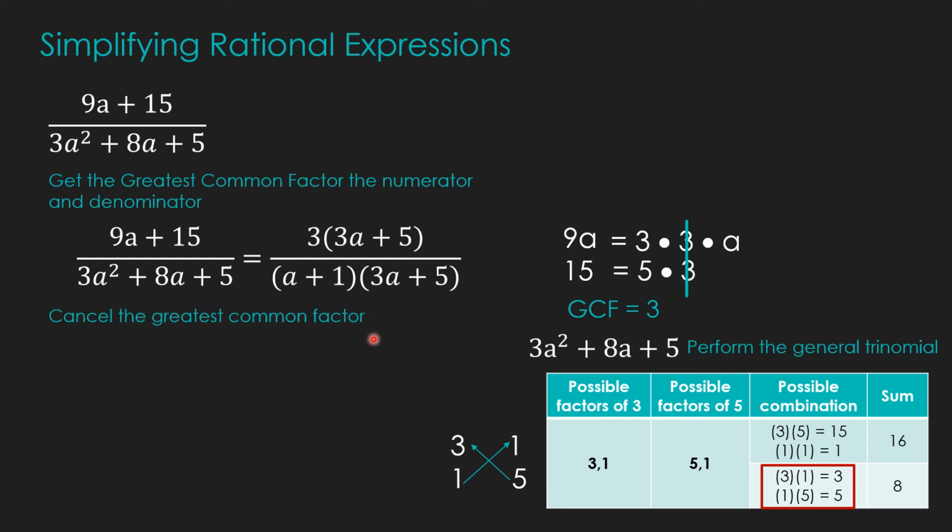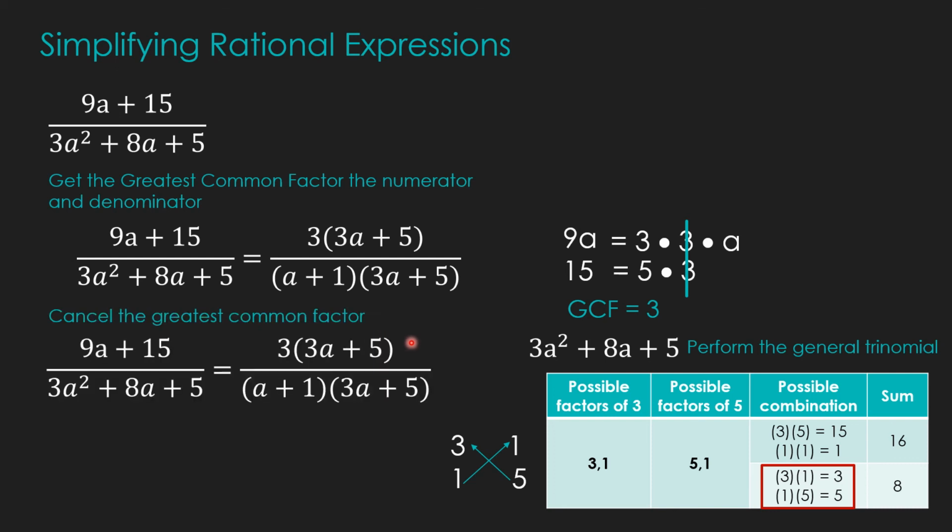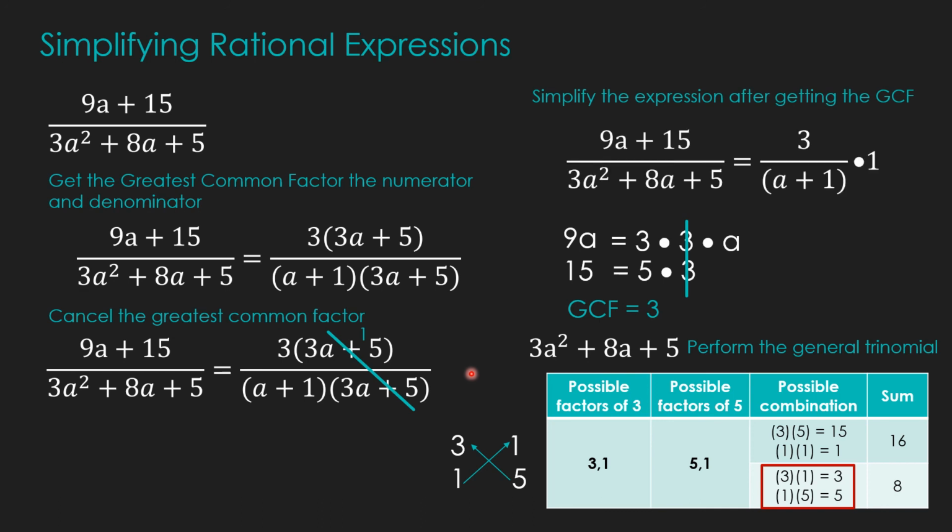Now, the next thing that we need to do is, as usual, cancel the greatest common factor. And, of course, for this particular example, that is our greatest common factor, and that will now be equal to 1. And of course, after canceling it and expressing it equals to 1, the simplified form will now be si 3 over a plus 1.